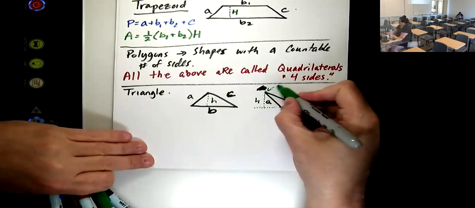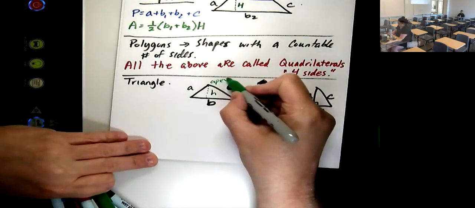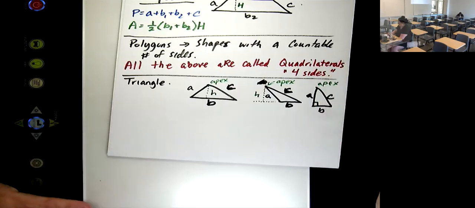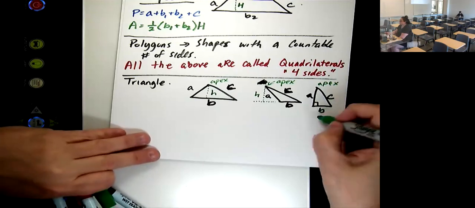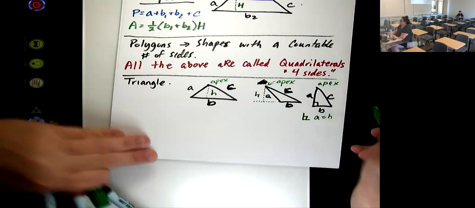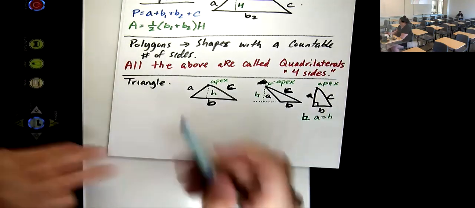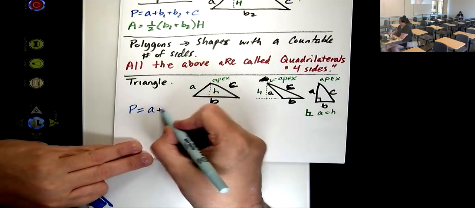That top point is called the apex. That's an apex too, right there. The top point is the apex. And on the right triangle, A equals H. Perimeter in all of them is A plus B plus C.